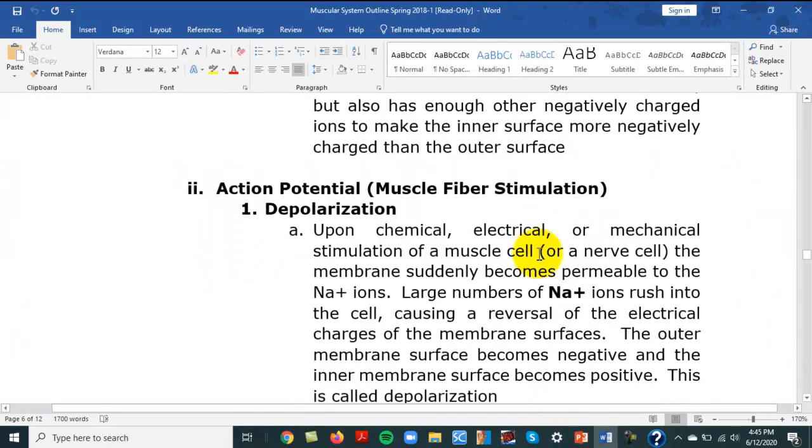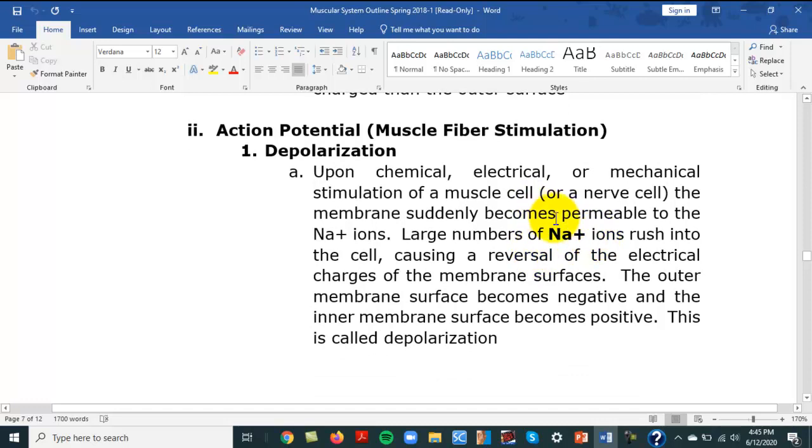And the reason for that, there's two things that happen. Sodium ions rush inside of a cell, causing a reversal of the electrical charges. The outer membrane becomes negative and the inner membrane becomes positive. That's depolarization. Nerves depolarize, muscles depolarize. On an EKG, when we study the P wave, the QRS, the T waves, a P wave is atrial depolarization. A QRS is ventricular depolarization.